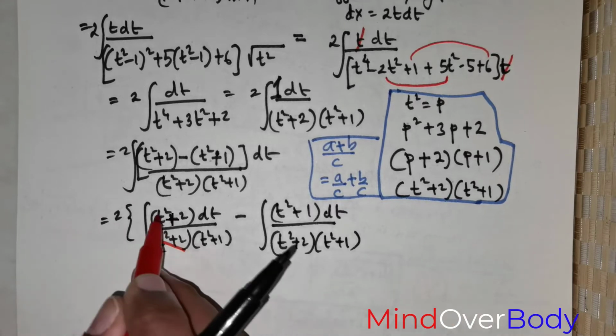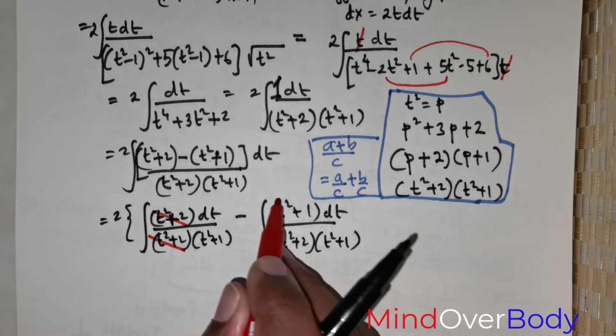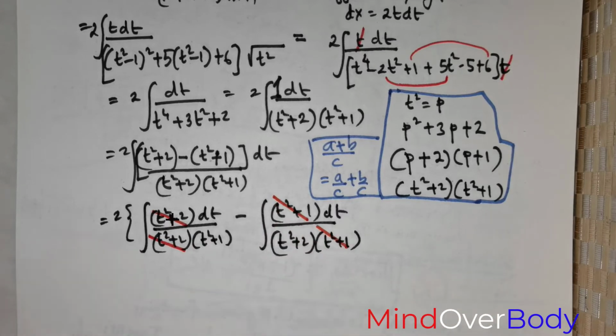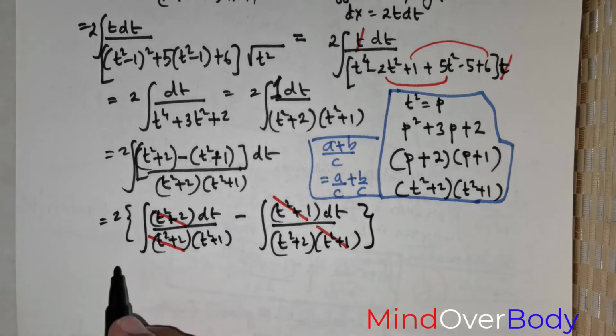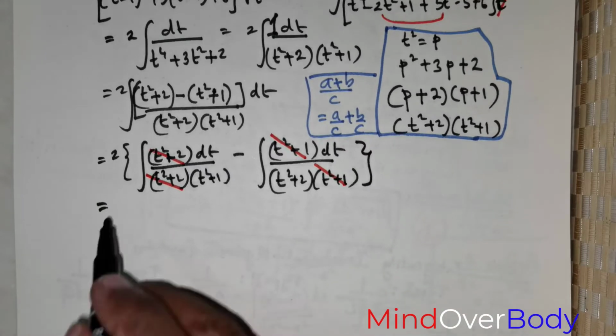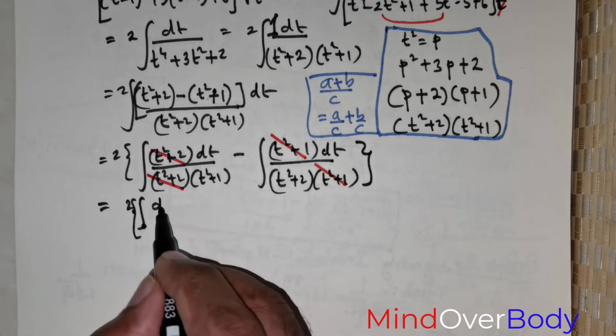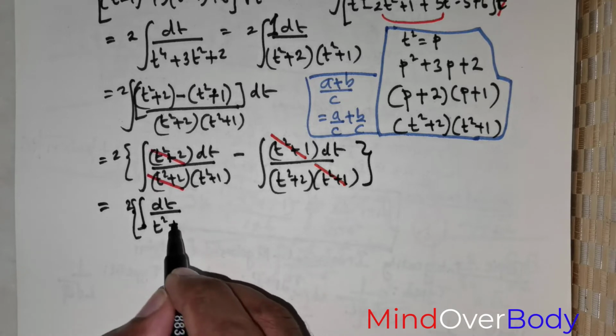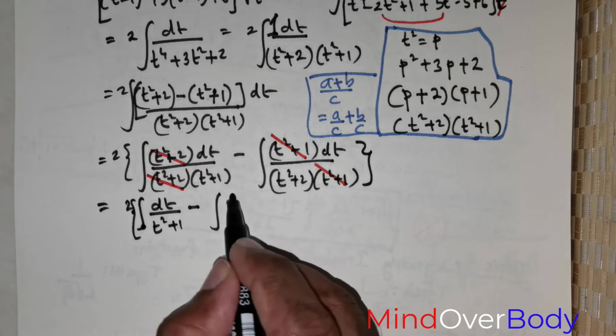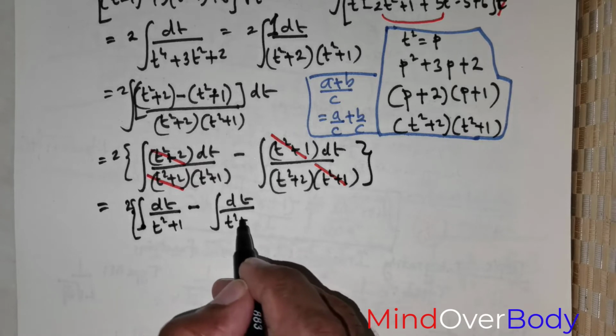So t squared positive 2, t squared positive 2 can be cancelled. T squared positive 1, t squared positive 1 can be cancelled. And you can rewrite this as 2 times integral dt over t squared positive 1 negative integral dt over t squared positive 2.